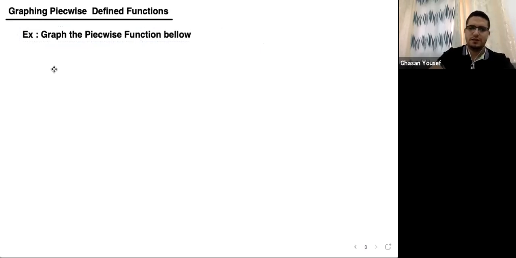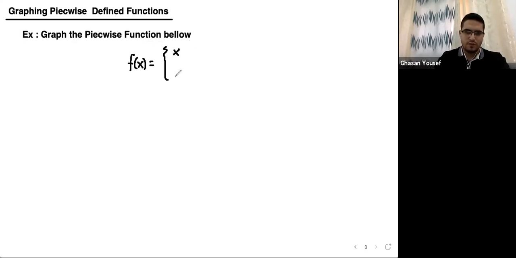So the function is defined as f of x equal x squared and 2x plus 1. Here, when x is smaller than or equal to 1.